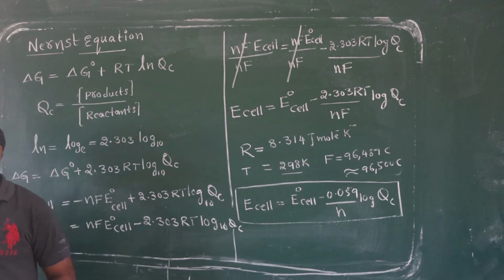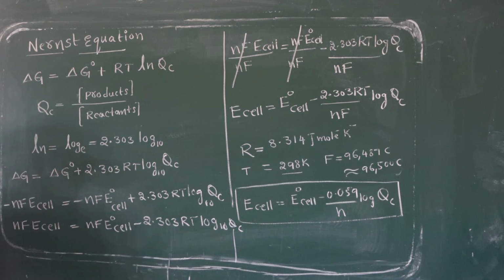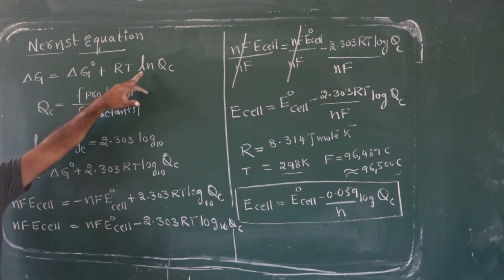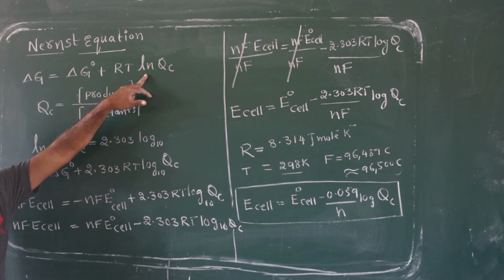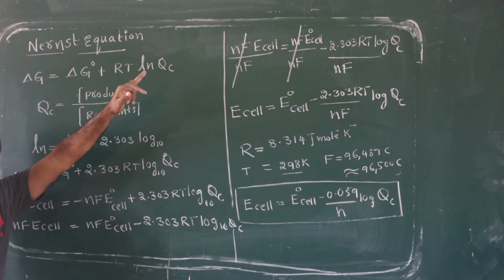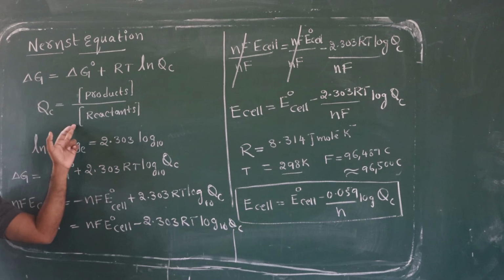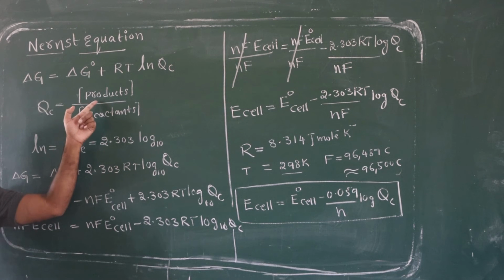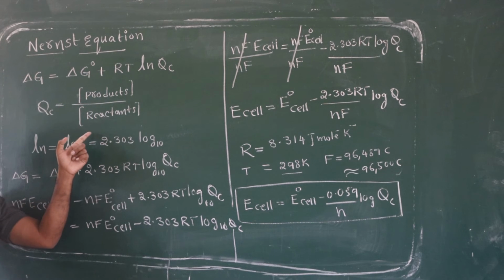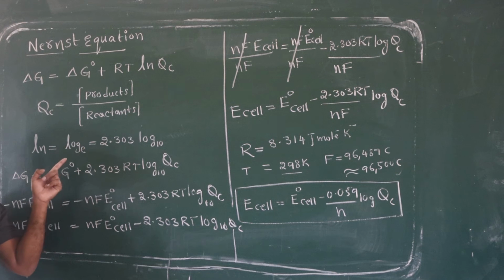Once again I want to repeat it. Listen. In thermodynamics we have the relation delta G is equal to delta G naught plus RT natural logarithm ln Qc. Qc is equal to the ratio of concentration of products to concentration of reactants.